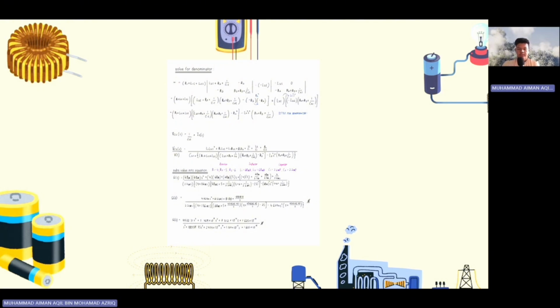After simplifying the equation and eliminating the S fractions, we successfully obtain our final transfer function. Looking at this, it is a fourth order system, as indicated by the highest power of S in the denominator, which is S to the power of 4. This accurately represents the 4 energy storage components present in our original circuit.